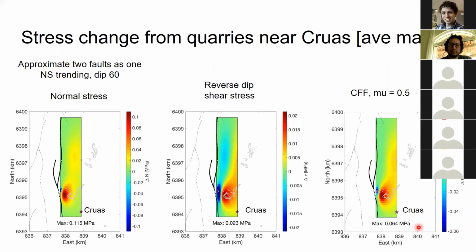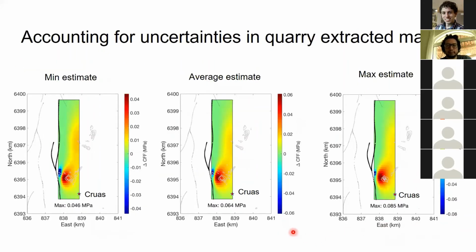And then next slide. So if we account for the uncertainty of quarry extracted mass, we have estimated that the maximum change of Coulomb stress ranges from 0.04 megapascal to 0.08 megapascal.